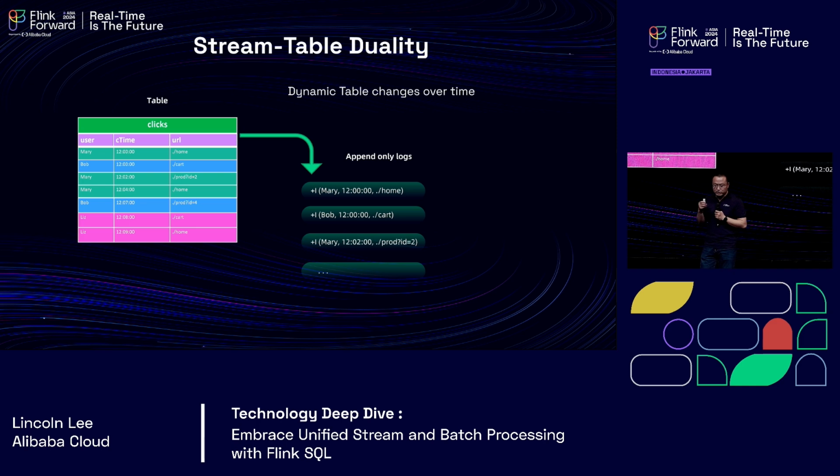Take a table in a relational database as an example. If the application continuously does insertions to a table, let's say the click table has no primary keys, and all the operations are just insertions.